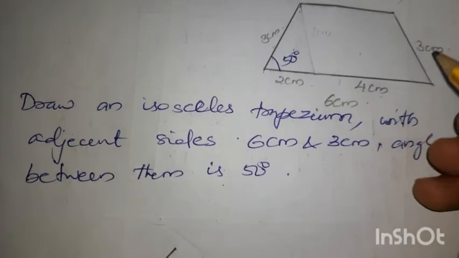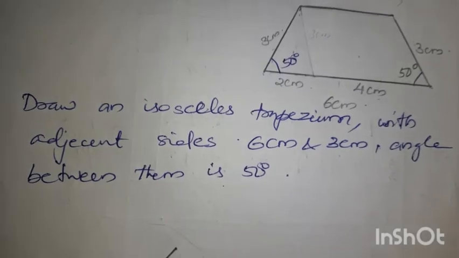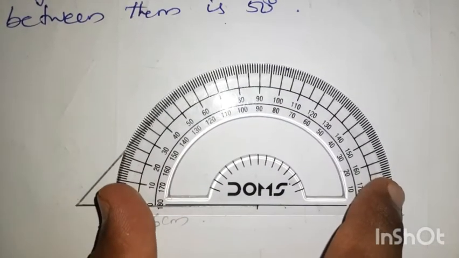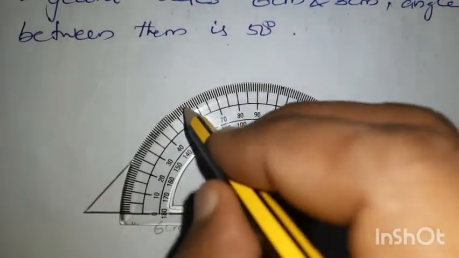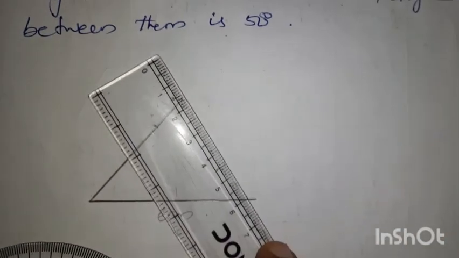Since it is an isosceles trapezium, this angle is also 50 degree. Mark 50 degree from the other side also. Then draw a 3 centimeter line from here.